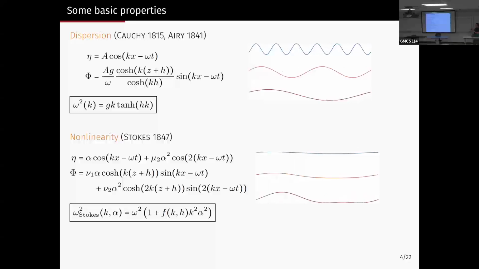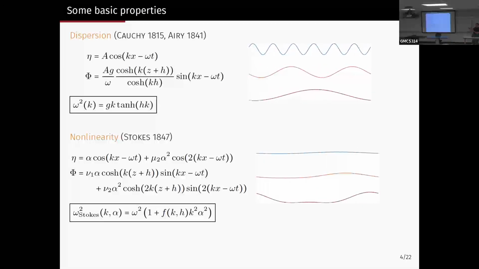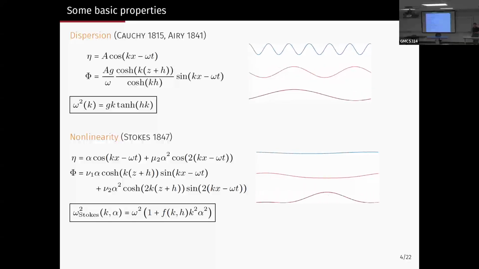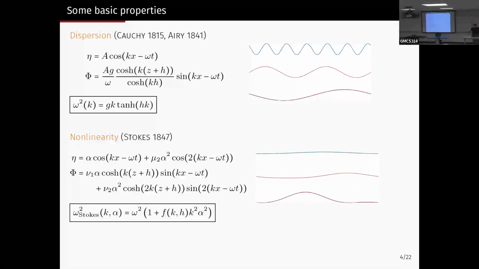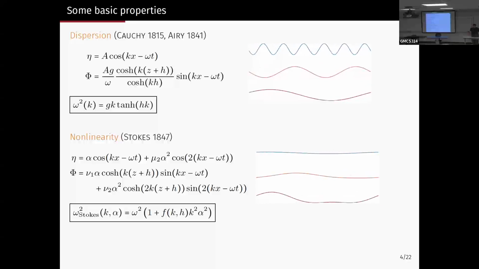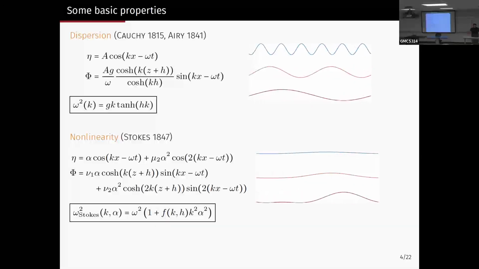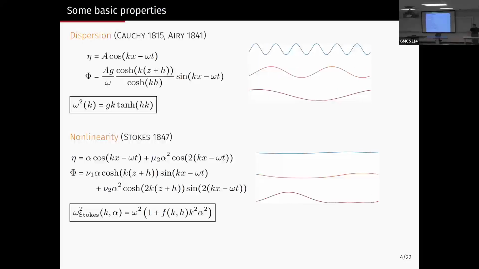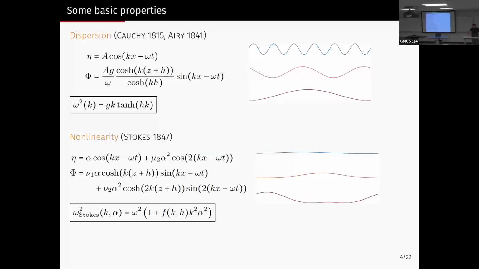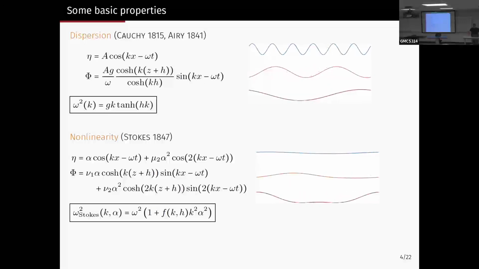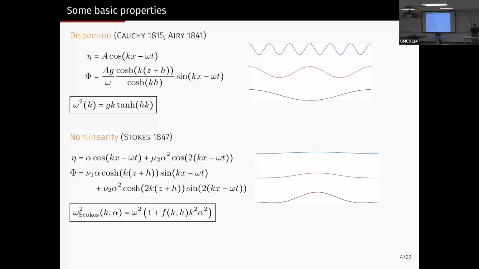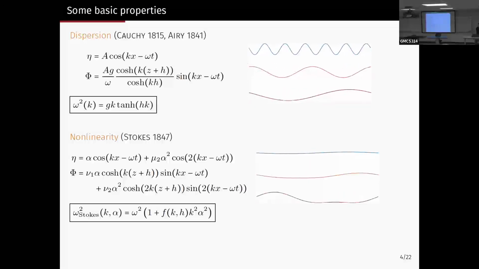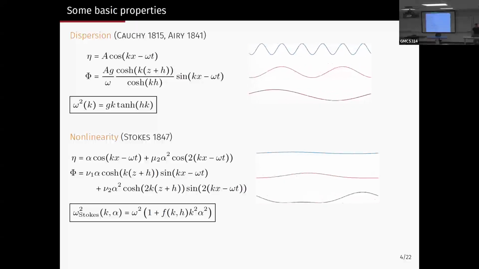That is to say that larger waves travel faster, something that you don't have in the linear regime, let's say. And of course, when we model the problem, so when we replace the primitive equations, if you want, the original equations with something simpler, we want to preserve these characteristics as much as we can.